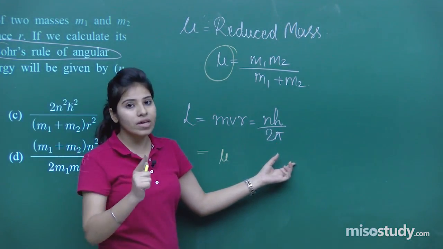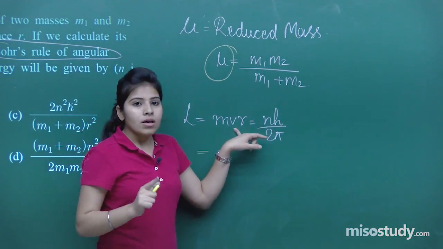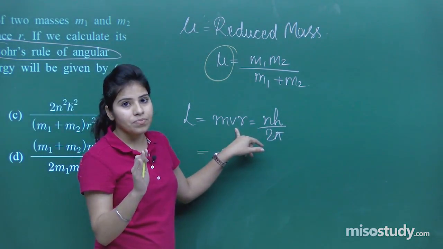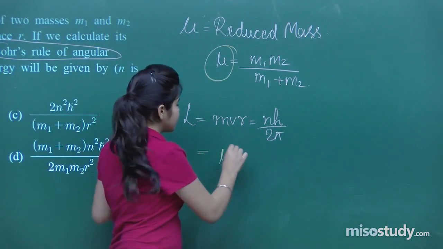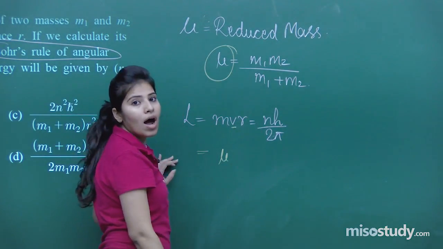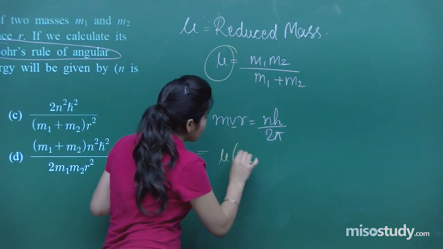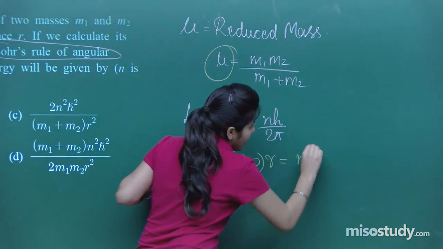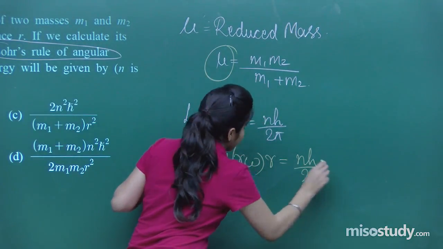Now one more thing over here, you know that v can be written as v equals r omega. So in place of v you will be writing r omega, and this equals nh upon 2 pi.